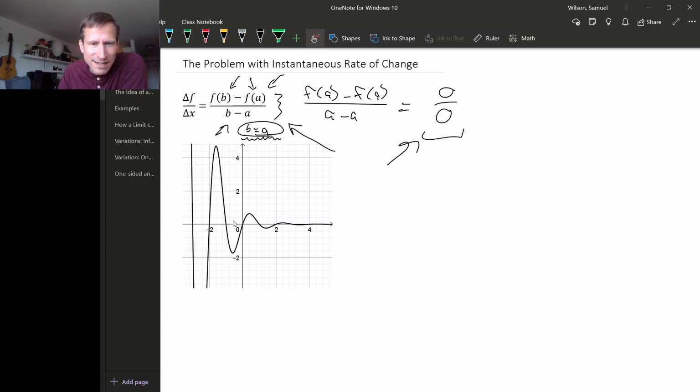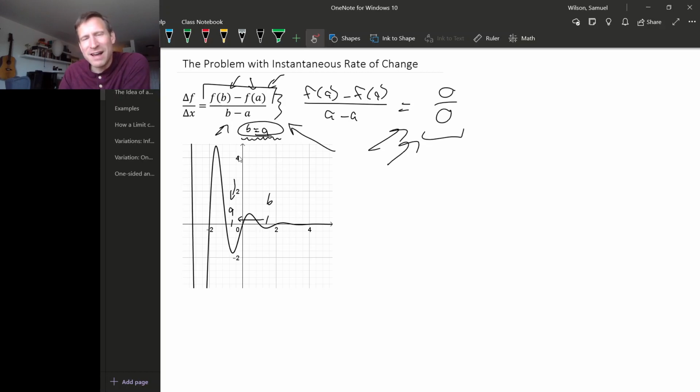So the idea here is, if we have some particular a value, b will start off to one side, and then rather than just plopping b down on top of a, which gives us this 0 over 0 problem, what we're going to do is slide b towards a, like this. And as long as b is never actually equal to a, this ratio should be defined.